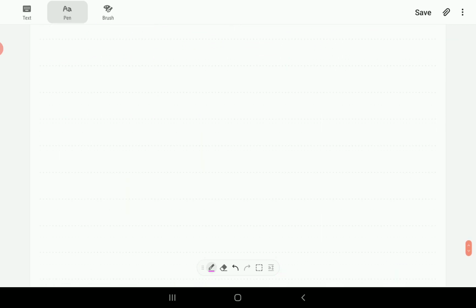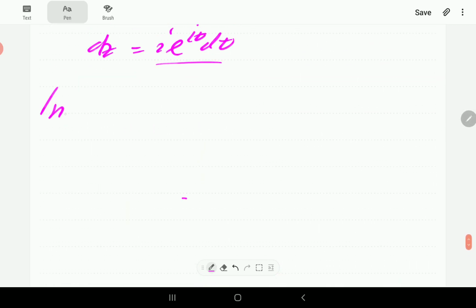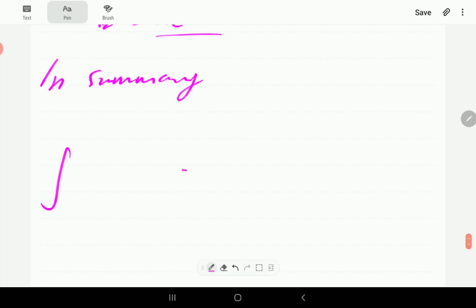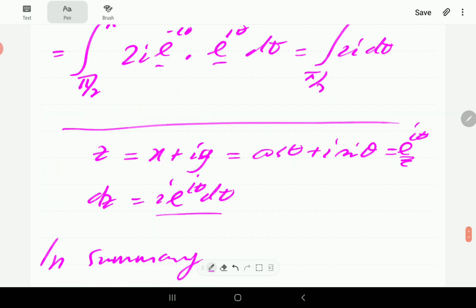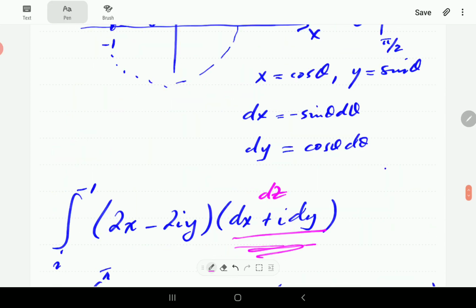So let's summarize. In summary, the integral from i to -1 of 2x minus 2iy dz is equal to, I think it was 4i along C1. Let's just check it out.